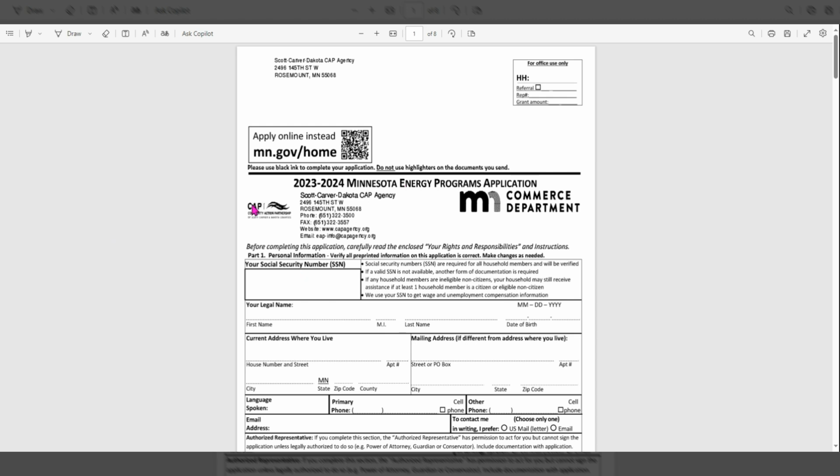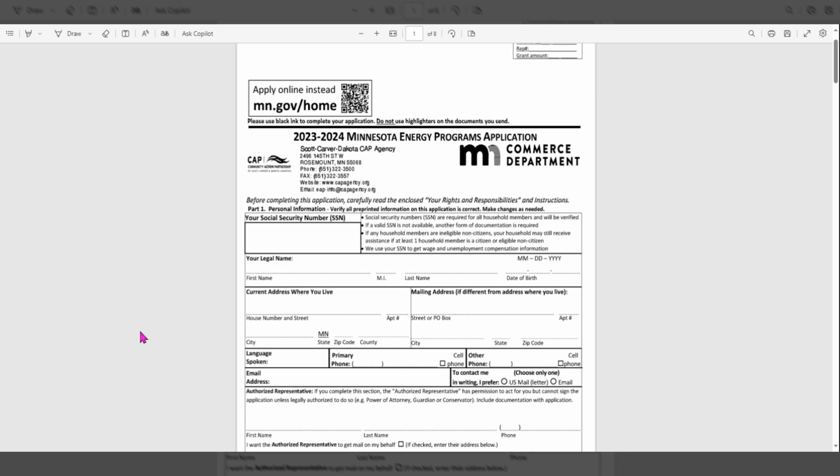You know this is the application for Scott, Carver, and Dakota CAP Agency because it says so right here, along with our address, our phone number, our fax number, our website, and our email address. So if you see this and you live in Scott, Carver, or Dakota County, you know you have the right application. So let's get into the first page.